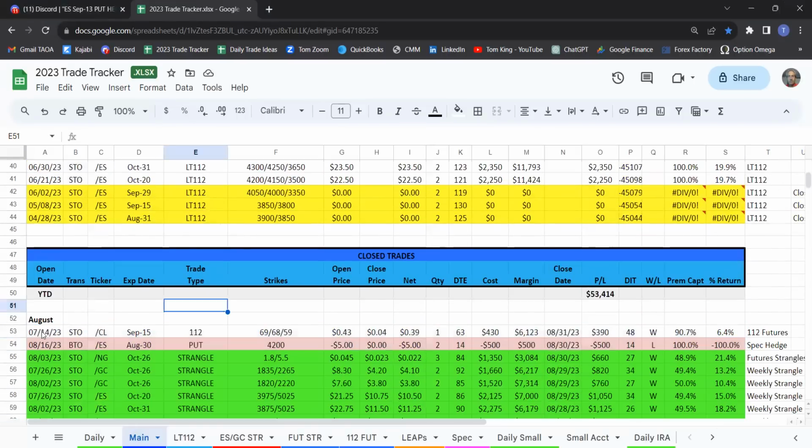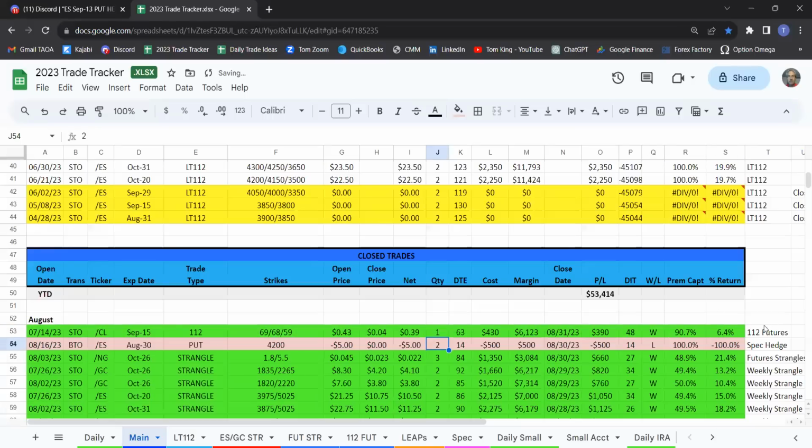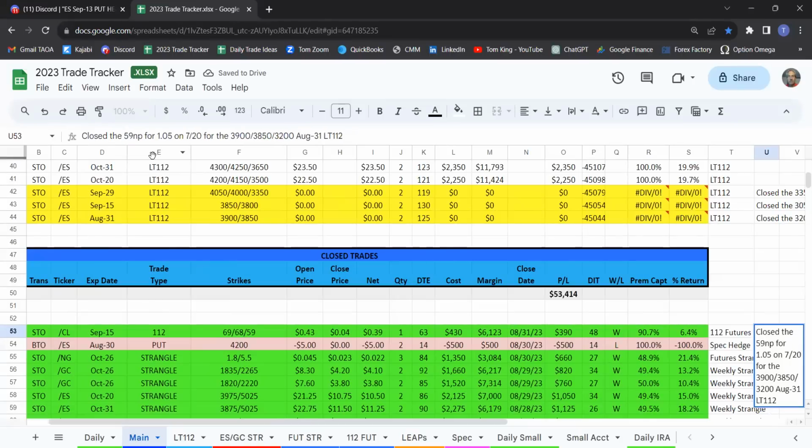All right, and what I typically will do with this trade is, in the winning trades, I color them green, but what I will do over here is put a note in that I closed the 59 naked put for 2 cents on 8/31, and I will put in the entire trade here, the 69, 68, 59 CL 112.